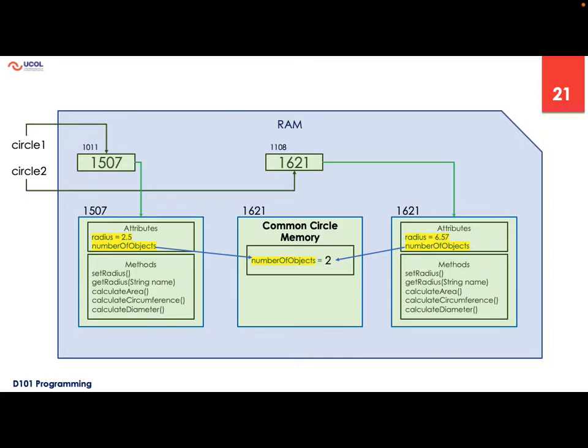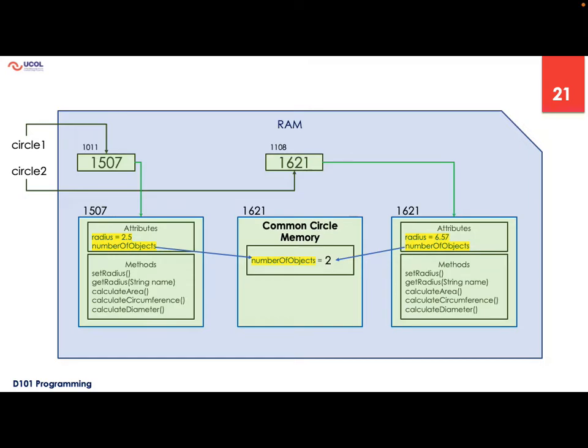So radius and radius, they are non-static, they are not shared. So here the radius is 2.5 and there the radius is 6.57. Non-static, not shared. But the static field will be in the common memory, where every different object can access it.